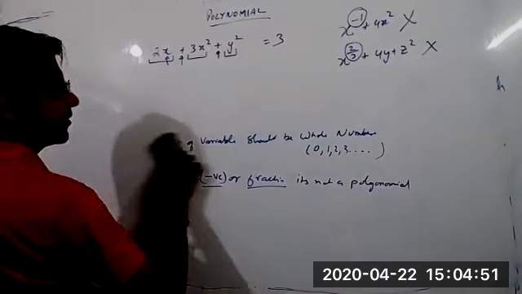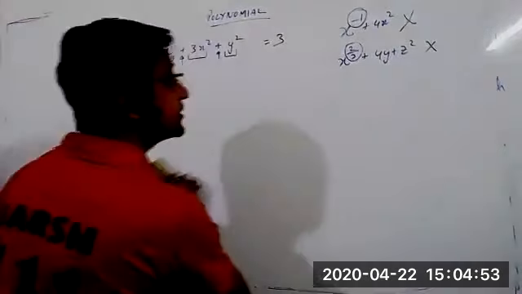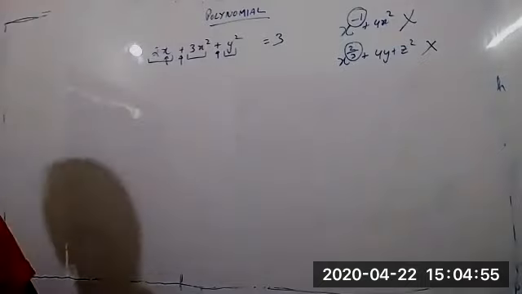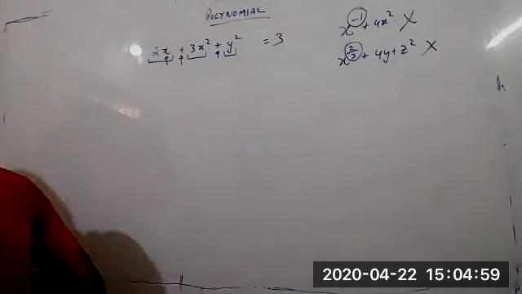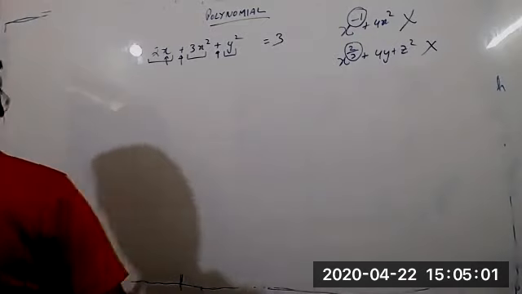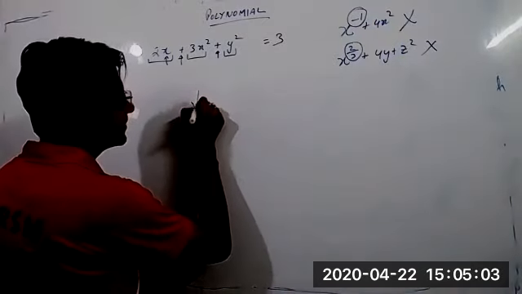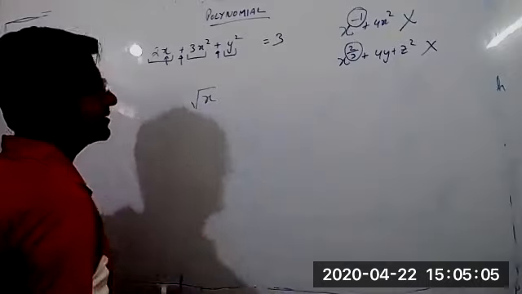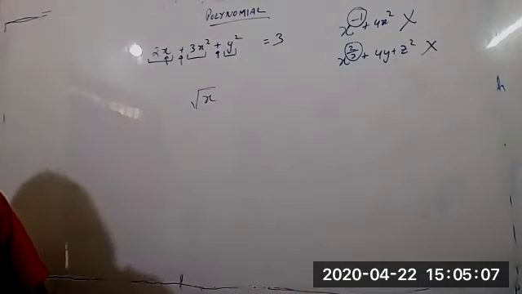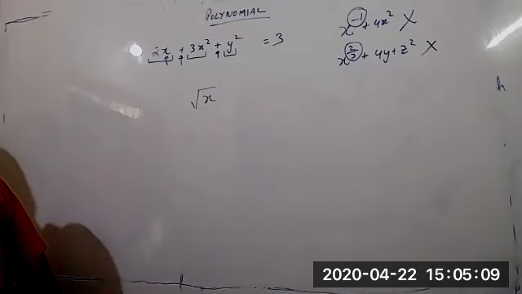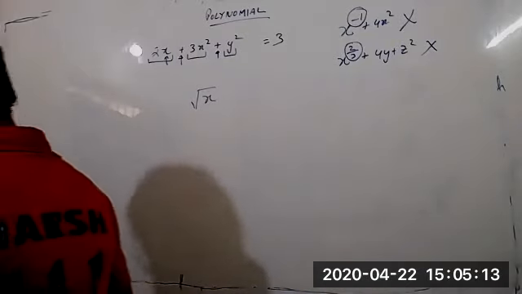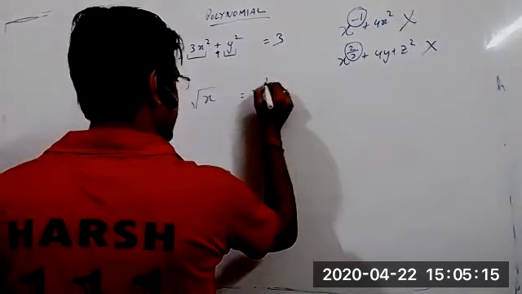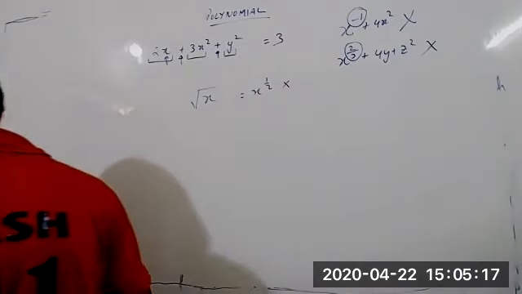Sir, then what is it termed as? It's not a polynomial. That's an expression, a big expression, but not a polynomial. Now, is this a polynomial? No, sir. Why? Because root x is equal to x to the power 1 by 2, which is a fraction. So it's not a polynomial.